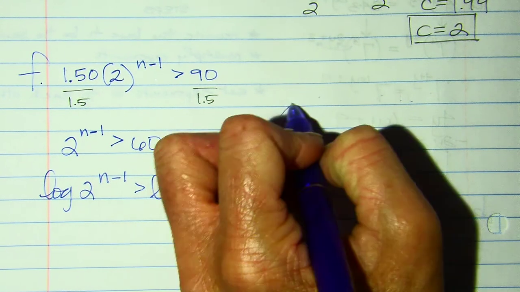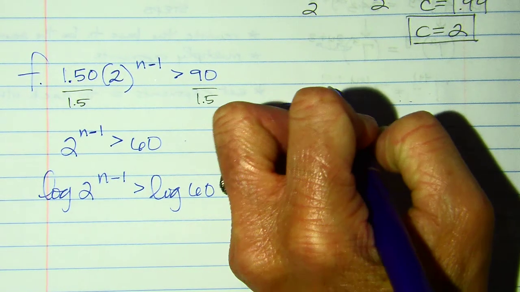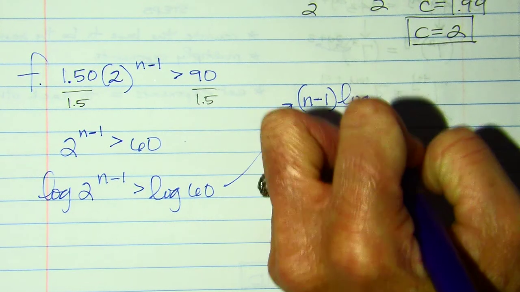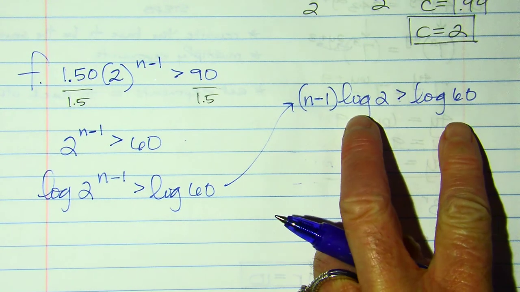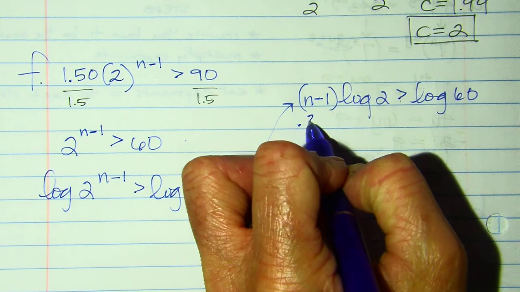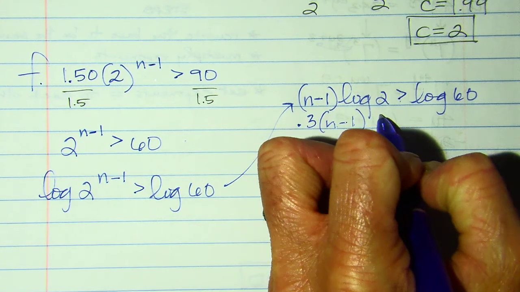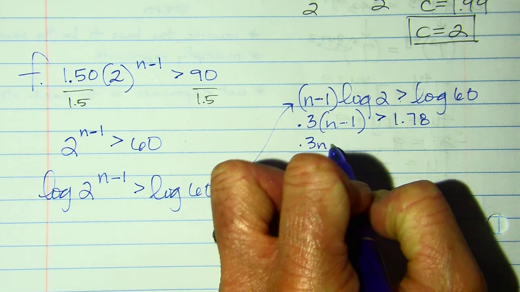I'm going to write this up here. The exponent comes out front. That's the power property. Times the log of 2 is greater than the log of 60. I'm going to enter both of these in my calculator. So I get 0.3 times n minus 1 is greater than 1.78. And then we solve.